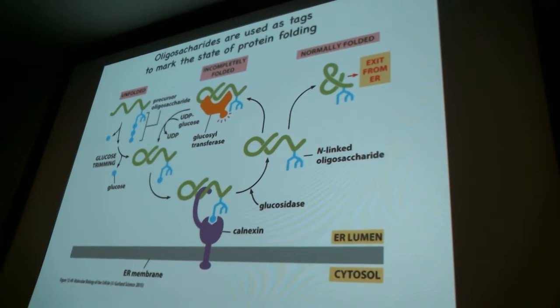And we're going to talk a lot about how these proteins that are in the lumen of the ER are then sent out. But this is the very important, more recent discovery, which is the quality control in the ER, right? That it's basically sugar addition to proteins that plays a major role.